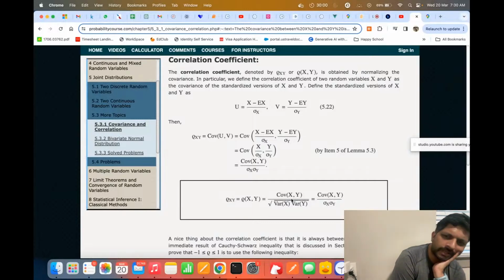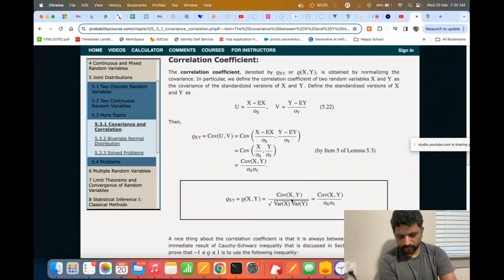So dividing by standard deviation of x and the standard deviation of y is nothing but square root of Rx by Ry.